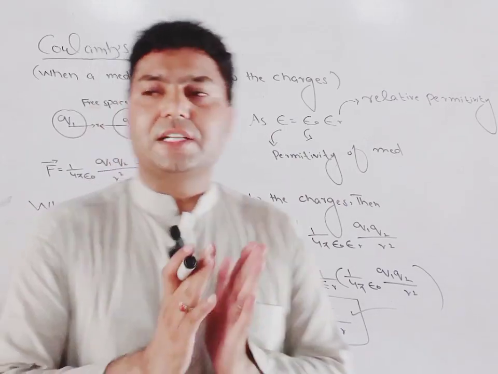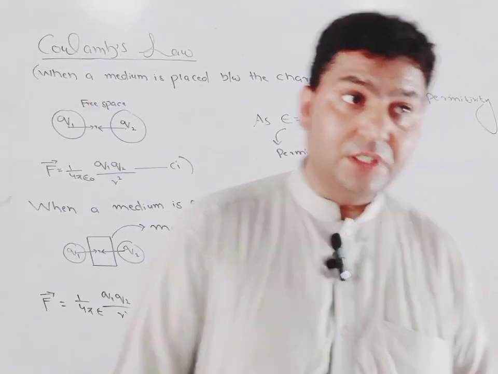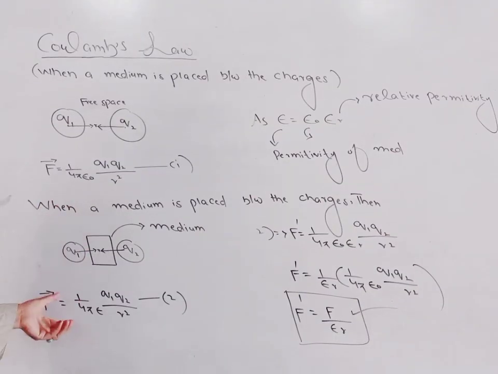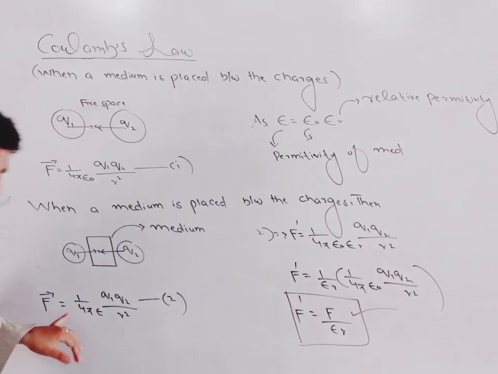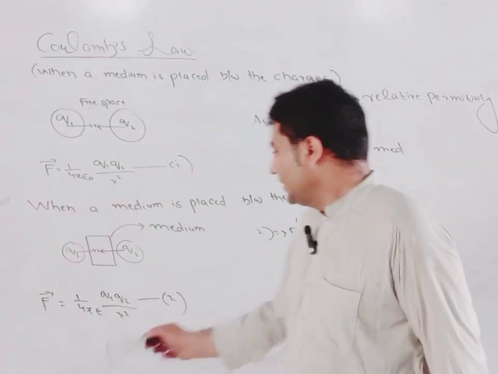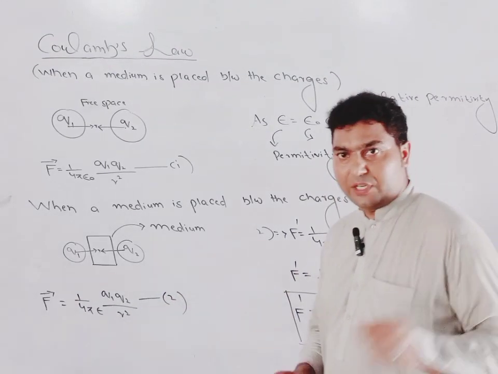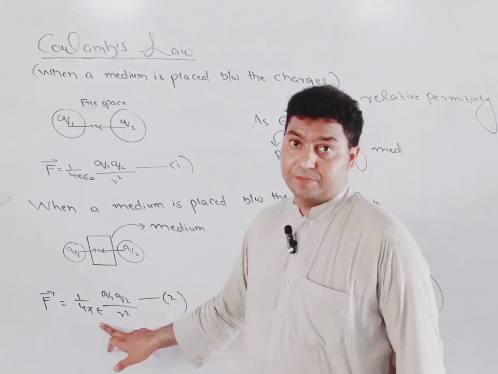Now, when a dielectric medium of permittivity epsilon is placed between these two point charges, then the Coulomb force can be written as F dash is equal to 1 over 4 pi epsilon Q1 Q2 divided by R square, where epsilon is the permittivity of the medium.